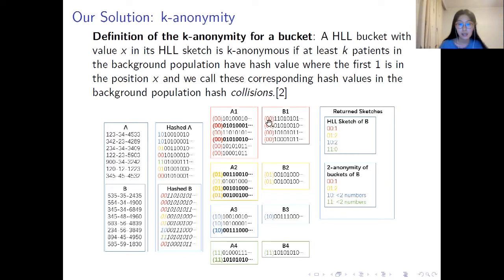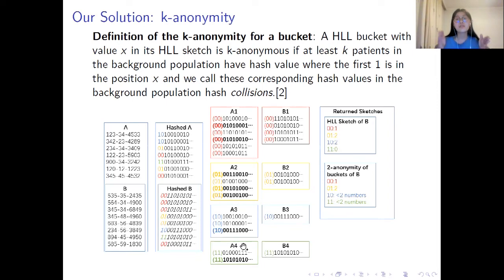So let's look at an example here. A1 is the background population, and B1 is the bucket we care about. The x for B1 is 1 here, and there are two values in the background population which have the same number of zeros before the first one. Similarly for B2, there are 3 collisions, and for B3 and B4, there is only 1 collision.